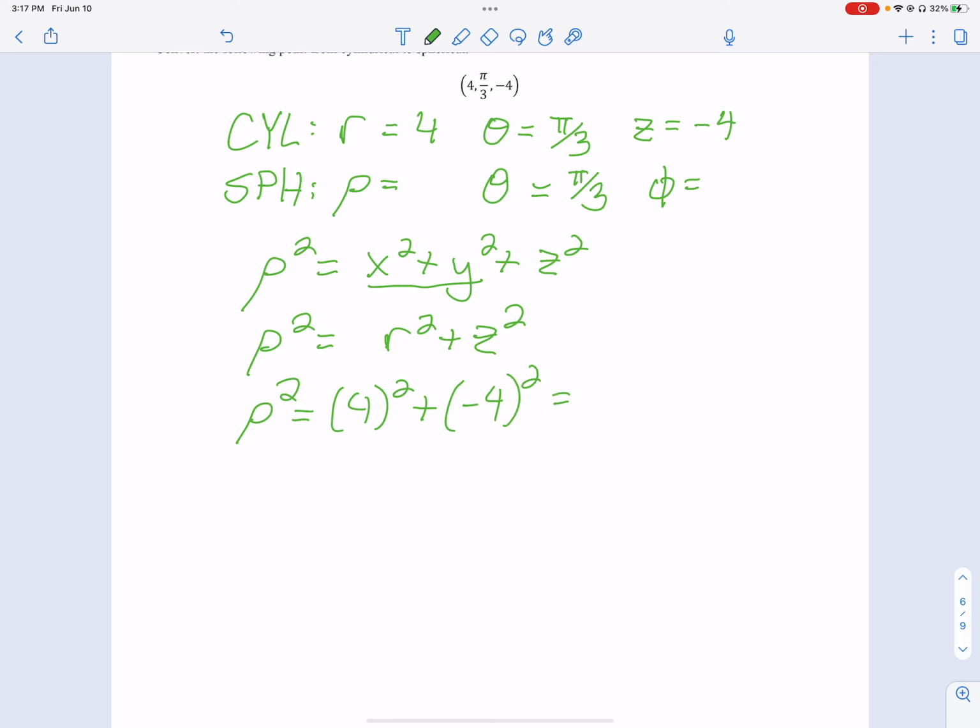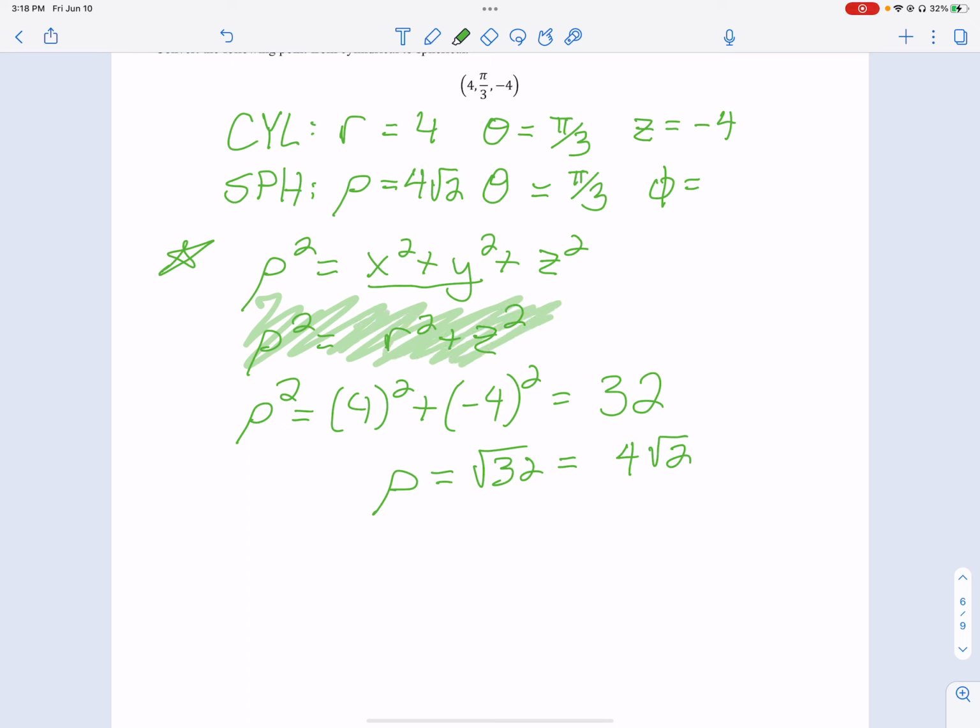We're going to get 32. So that means that rho is the square root of 32. We can simplify this to 4 square roots of 2. That's just using this formula and then changing x squared plus y squared to r squared. There's my new formula right there.